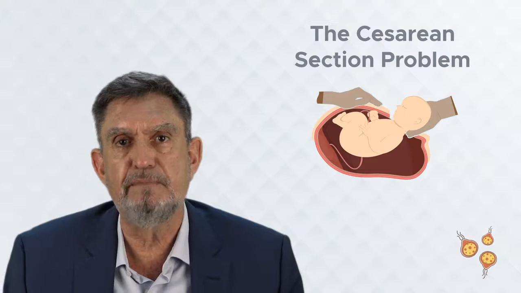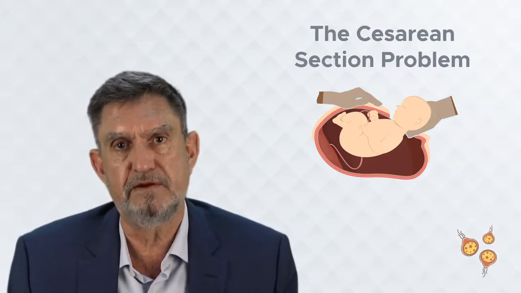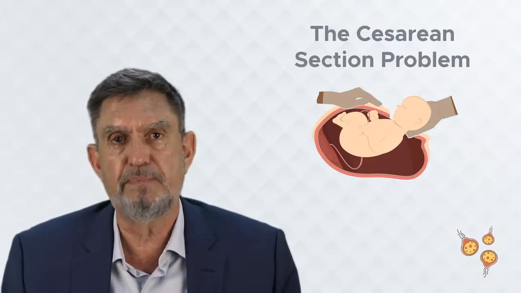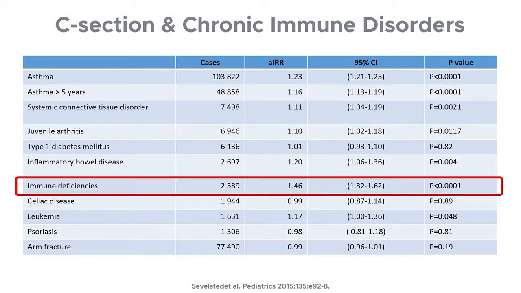And that's the problem, that there's no transfer of a microbiome to a baby through elective cesarean section. And so already at the time of birth, we start to set up a process of dysbiosis by elective cesarean section.